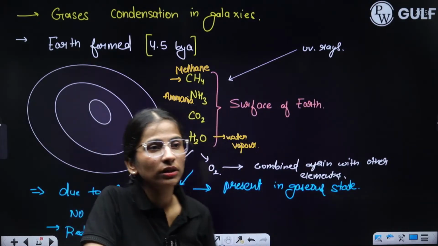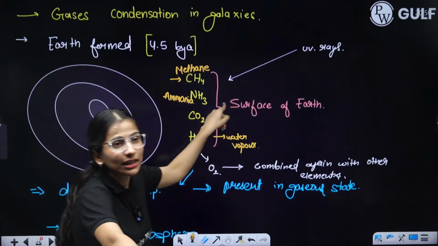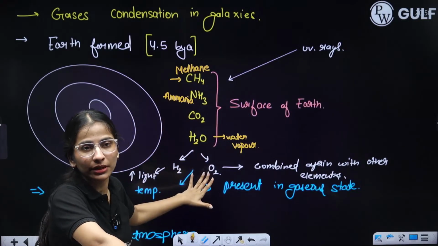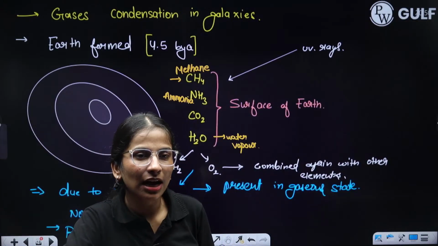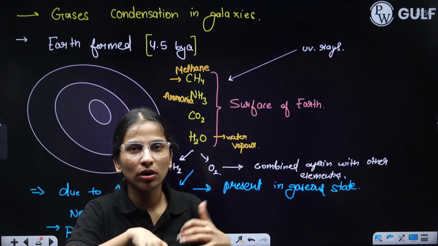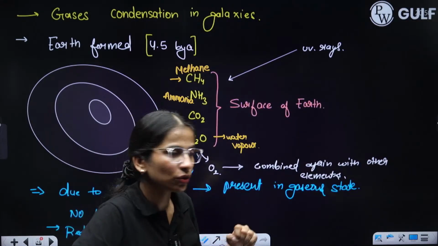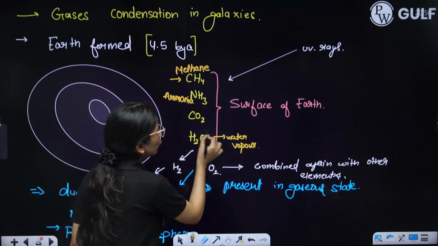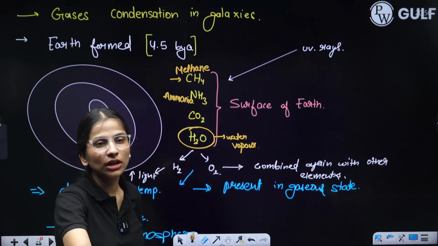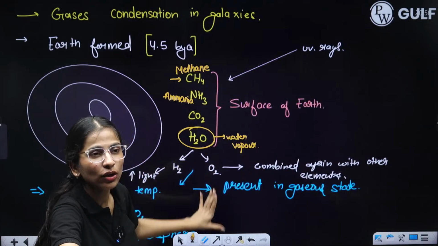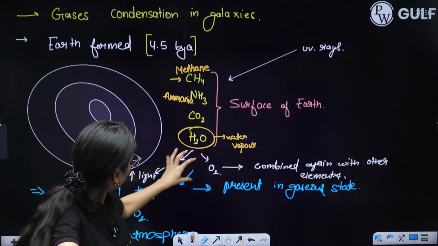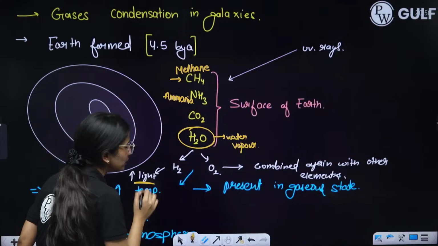So, if ozone is not there, that means UV rays are directly falling on all of these elements. And when UV rays fall, I hope you know that UV rays will cause a lot of reactions to occur. So here what happened, upon UV exposure, water broke down. Water was getting broken down into H2 and O2. Okay, what was happening with hydrogen?